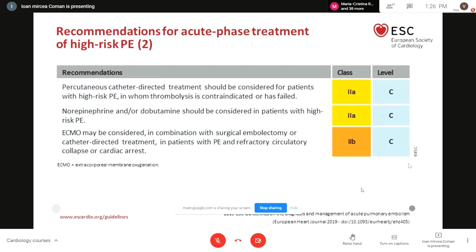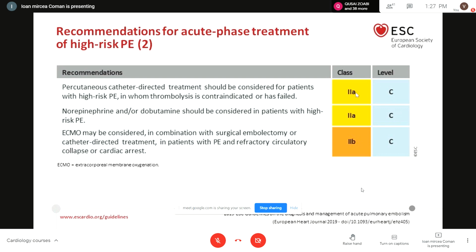Besides thrombolytics and surgery, a class 2A indication is given to attempts to disocclude the pulmonary arteries, introducing a catheter into the clot and trying to move part of it into less important arteries and opening the main artery, which makes the patient hemodynamically unstable.